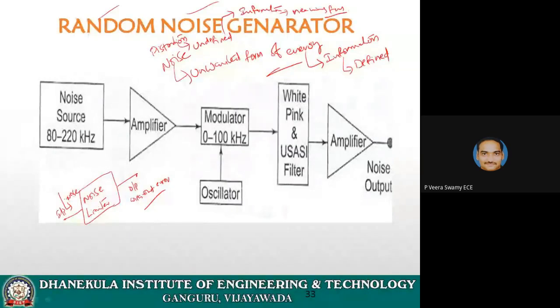We have some specific noise, for example a white noise. So noise is applied, and now we check whether this noise limiter is able to reject that noise or not. That is just for testing. So what is the need for generating the noise? Because it is to test the signals.